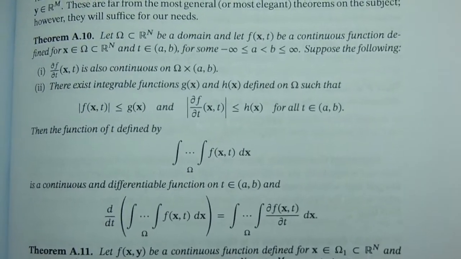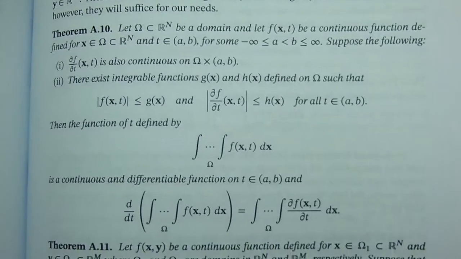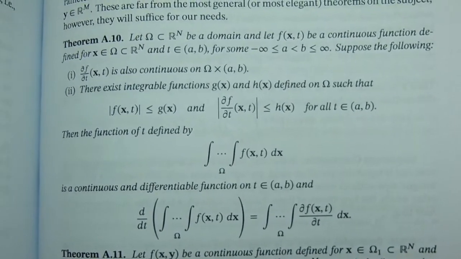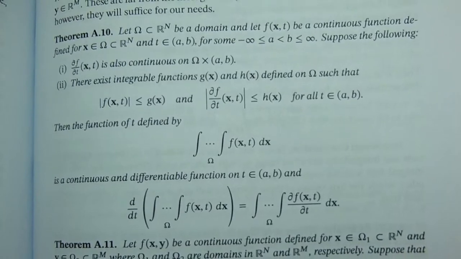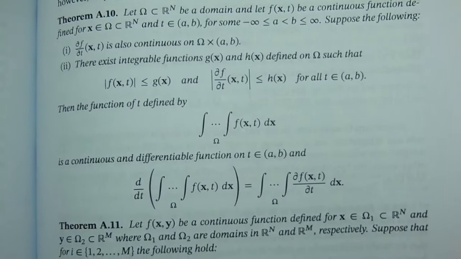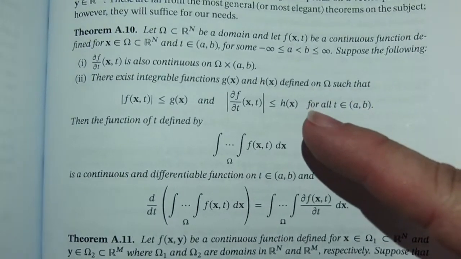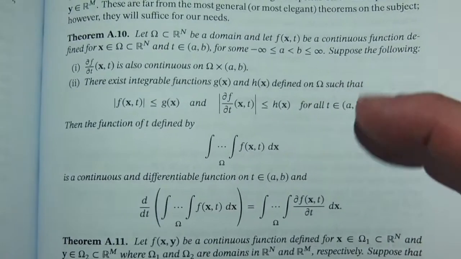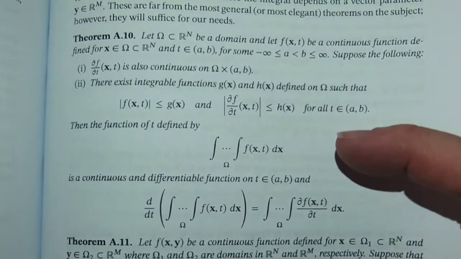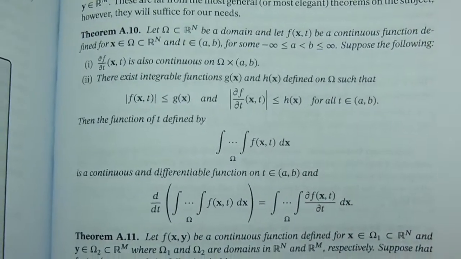It tells me if I have a domain in Rn and a continuous function of x and t defined for my domain and for t in some interval, suppose that those partials indicated there are continuous on that direct product of the domain and the time interval, and there exist integrable functions g and h that dominate the partials and f itself in the way indicated.